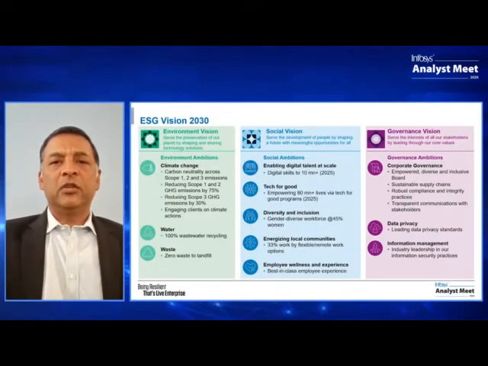Looking ahead in terms of 2030, I think we were very clear that our purpose, in terms of our sustainability, has to be deeply entwined with the way we do business in the long run. And these two cannot be independently seen in terms of value creation and our sustainable purpose, which is why our 2030 vision is more holistic and speaks to all the 3 pillars of environment, social, and governance.